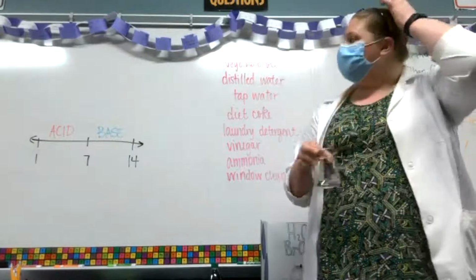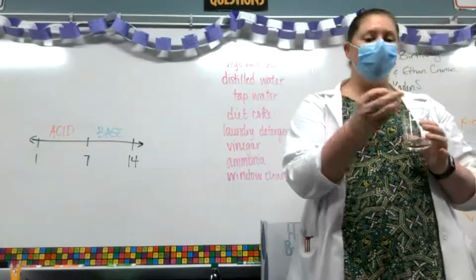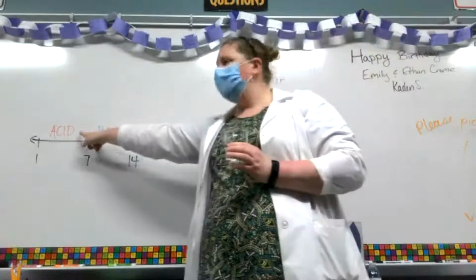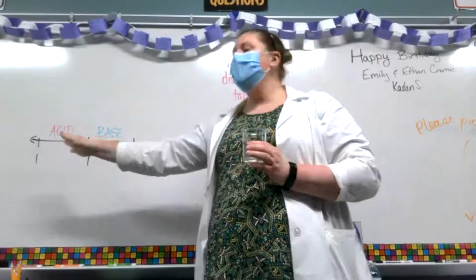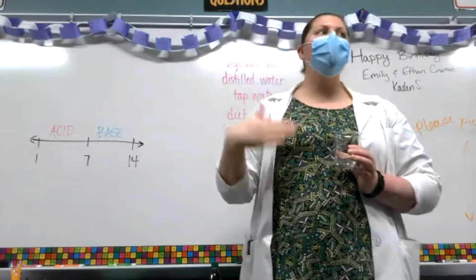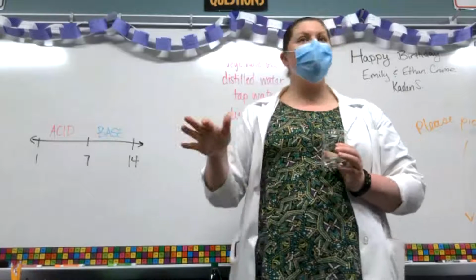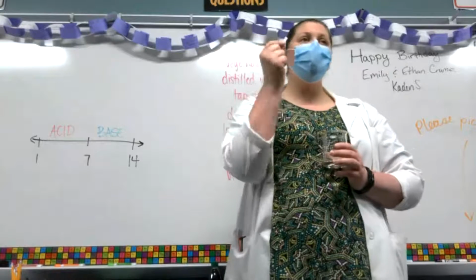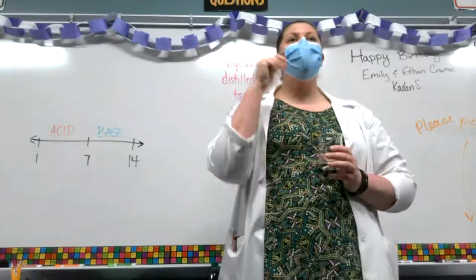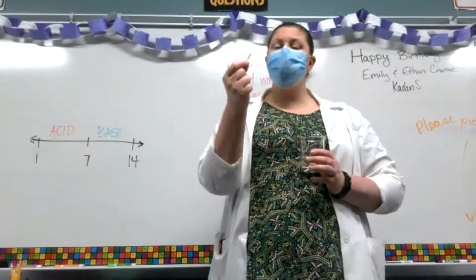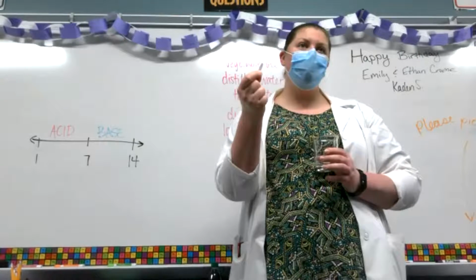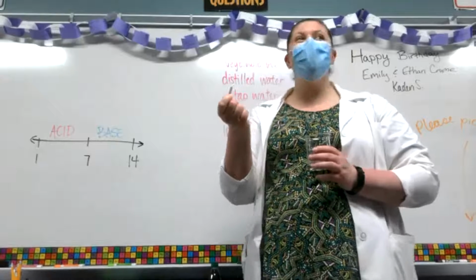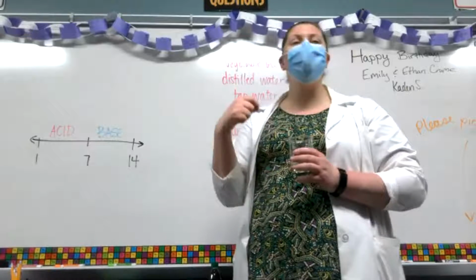Now, the general rule is if something is acidic, it's going to be red, which has a pH of less than 7. If it is basic, it's going to be blue on all strips of paper, basically. Okay, so if you're testing the blue strip of paper and you dunk it and it doesn't change colors, that's supposed to be blue. If you dunk it and it turns pinkish, reddish, or purplish even, then that would be acidic.